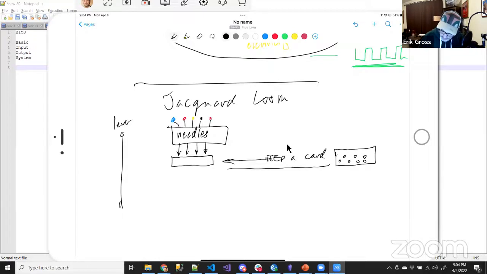When the lever is pushed in one direction, all the needles come down, and where there are holes, that exact needle can come through. If there isn't a hole, no needle comes through.